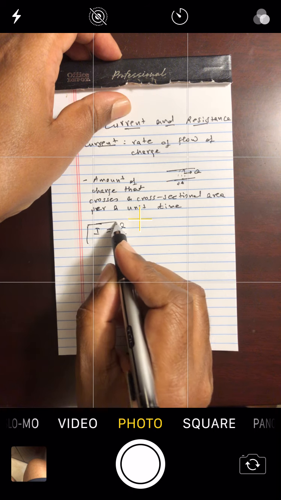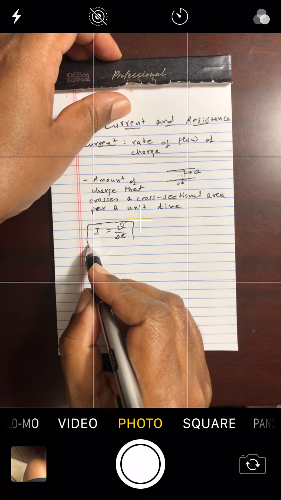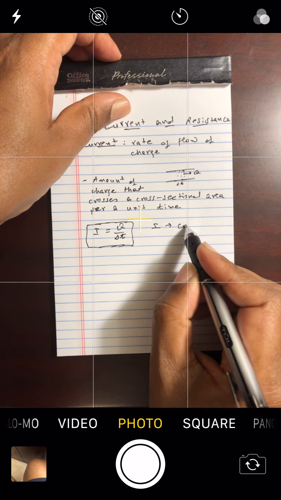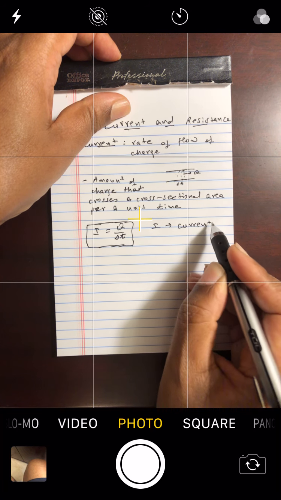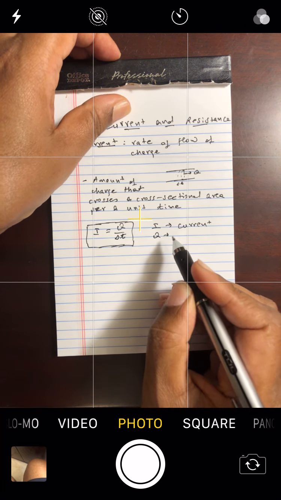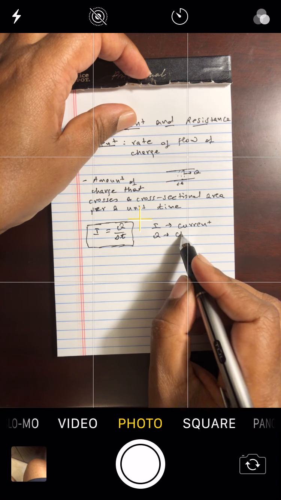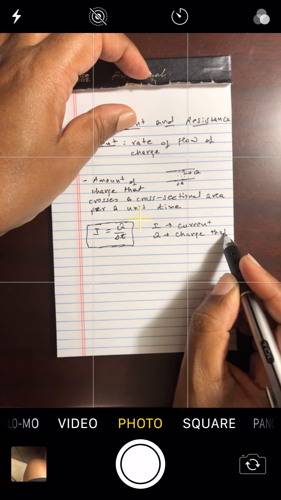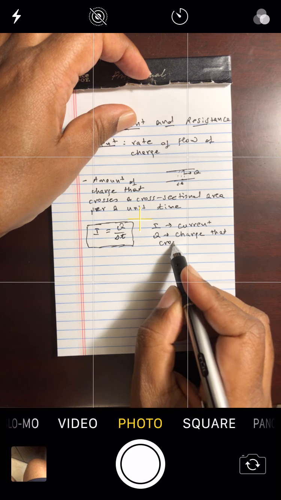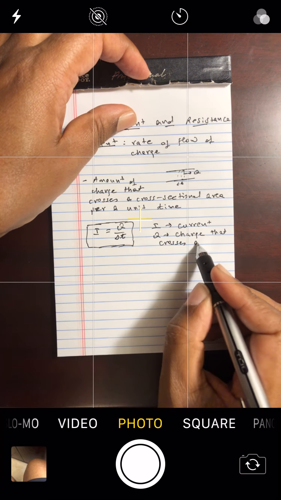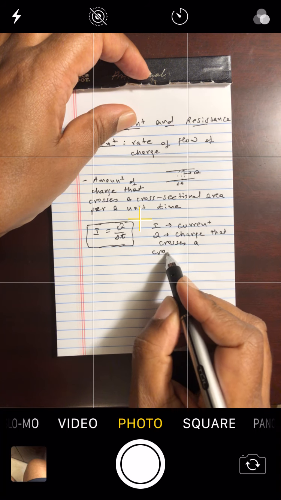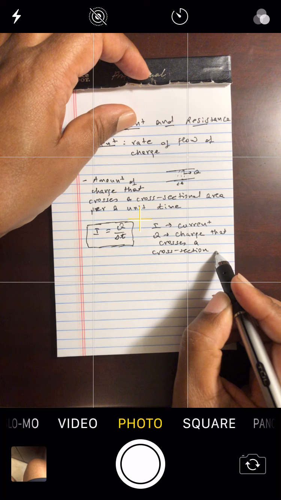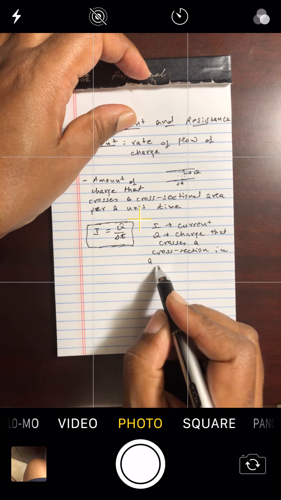So in this formula, I stands for current, Q stands for charge that crosses a cross-section in a time interval delta t.